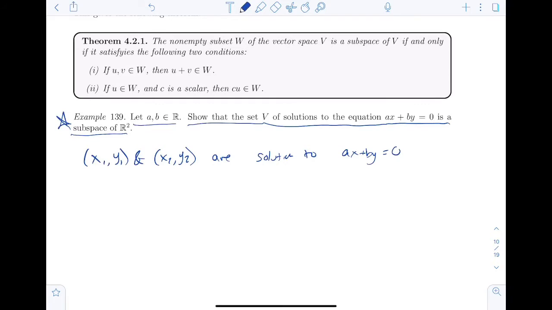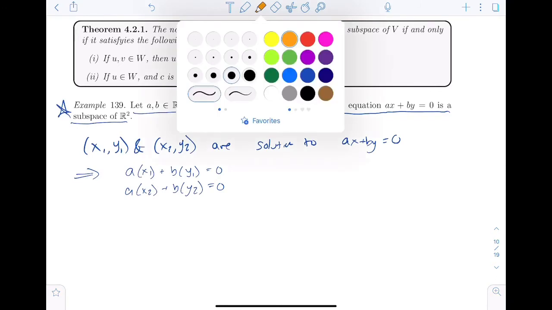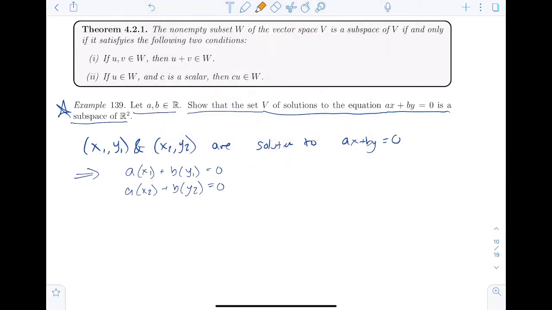Let's show what that means. Therefore, I know that a times x1 plus b times y1 is equal to 0, and I know that a times x2 plus b times y2 is equal to 0. Now, the theorem says I want to show that when I add them, it's still in the space.